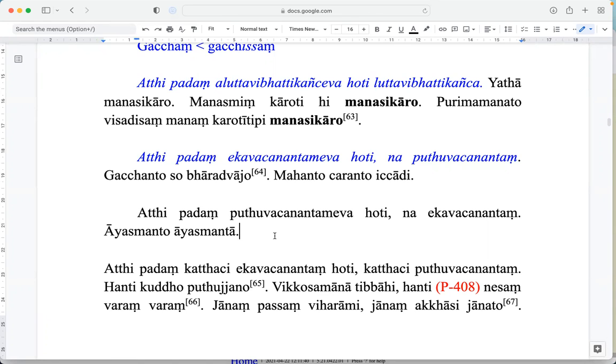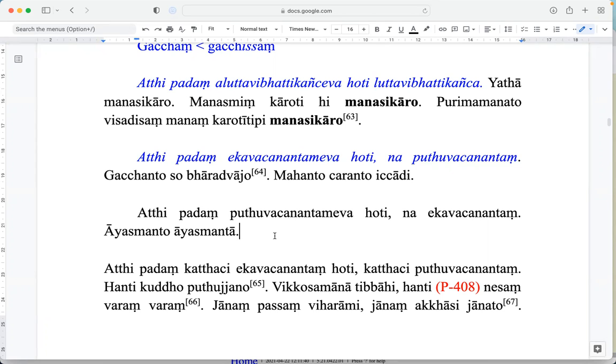Okay, next here is atibadan eka wajananda mewa hodi na butu wajananda. So there are words ending only in the singular, not plural. That means sometimes a plural sense is also possible. Eka wajana means singular, butu wajana means plural.